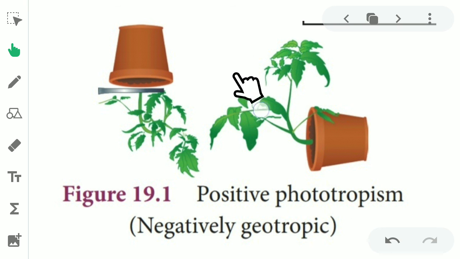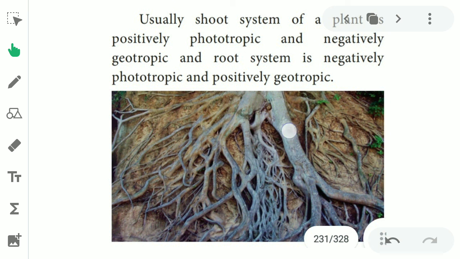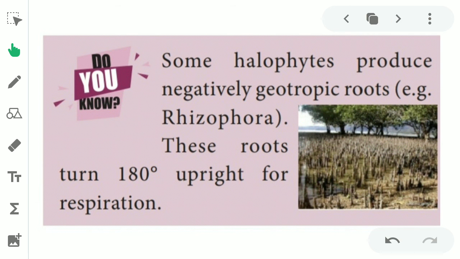It grows away from gravity, so it is negatively geotrophic. But the root grows towards gravity and away from the light, so it is negatively phototrophic and positively geotrophic. In an exceptional case, some halophytes produce negatively geotrophic roots. Example, Rhizophora. These roots turn 180 degrees upright for respiration.